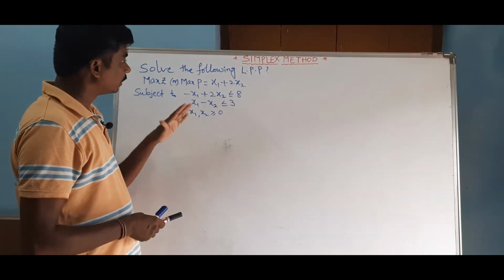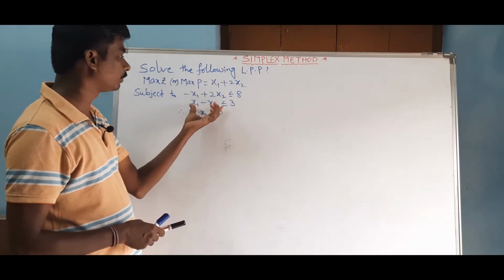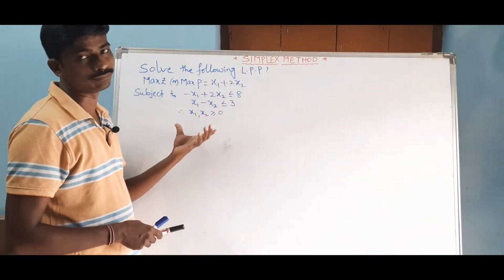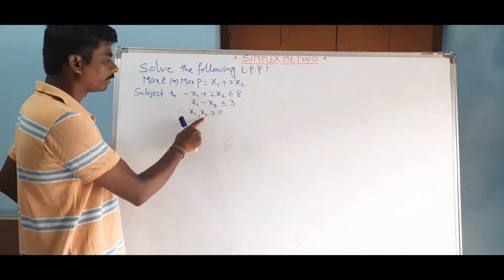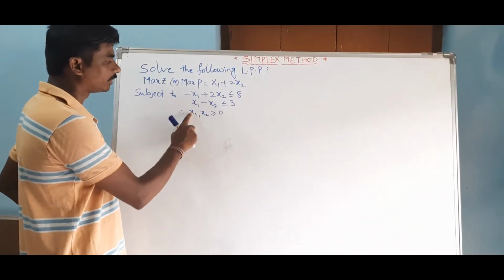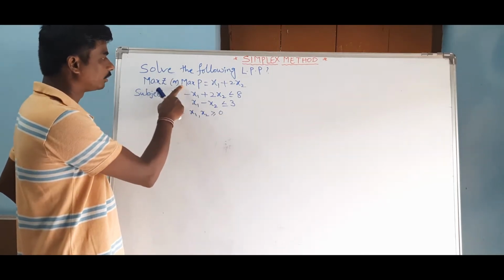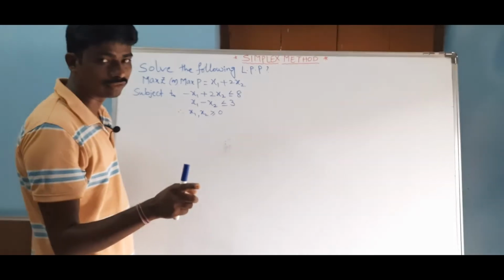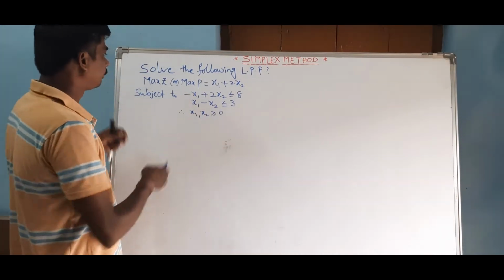Clearly, the simplex method is applied when the constraints involve 2 or more variables. Therefore x1, x2 greater than or equal to 0, always these values are greater than or equal to 0. Remember this. This is the objective function, maximization or not, we check here. Right, this is the maximization.